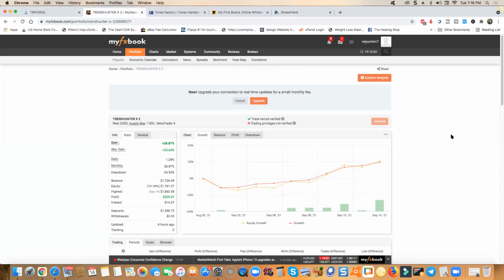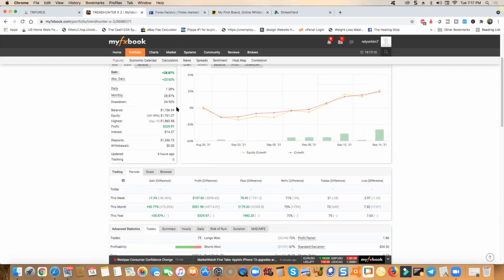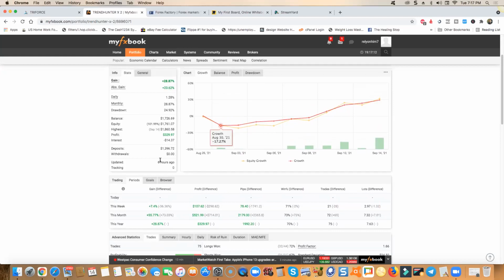The other good thing about it is, for those of you who want to trade with it, you can do a little mirror trading. That's what I do, and it's pretty accurate. As you can see here, 28.87% gain so far.